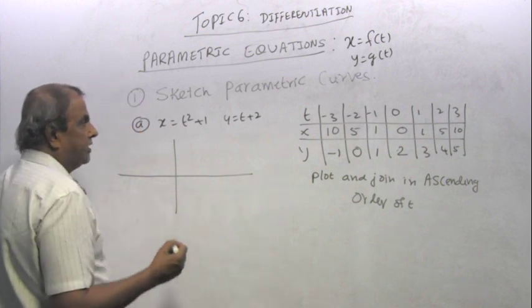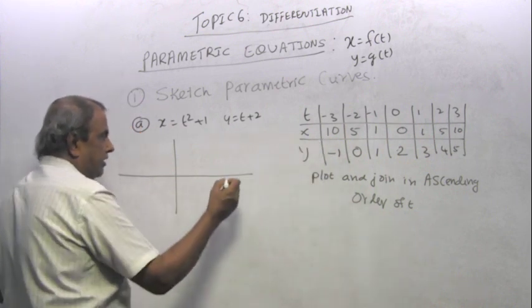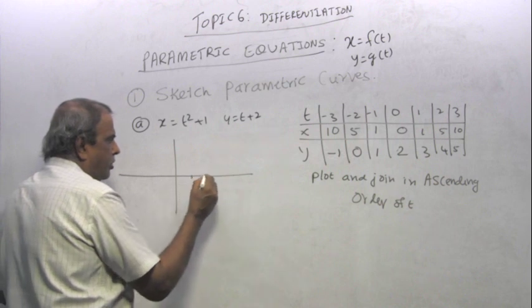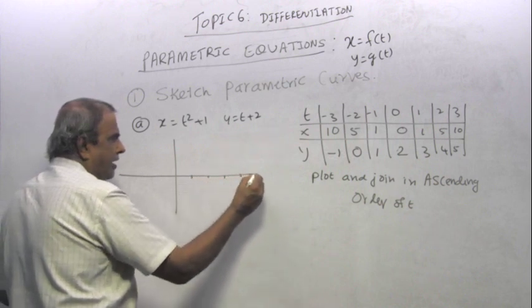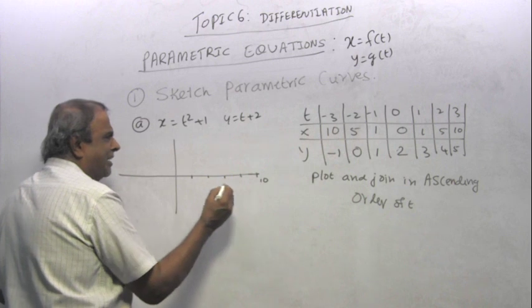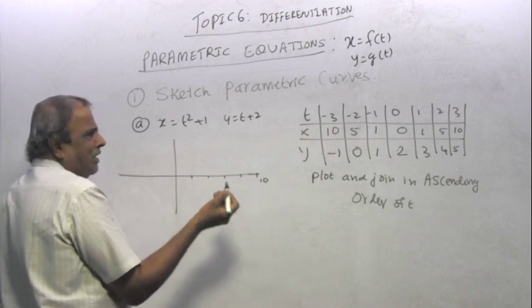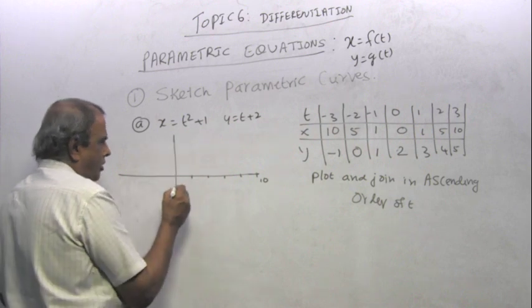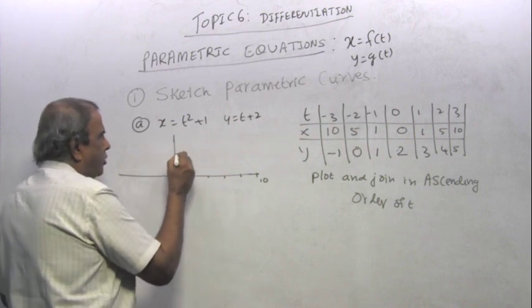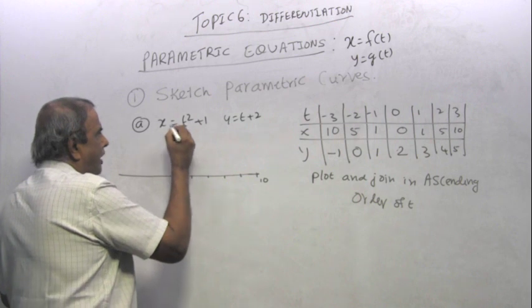So coming back to that, 10 and -1, 2, 4, 6, 8. Now it's a rough sketch, but still please show some divisions, and y values go up to 5. So -1, 1, 2, 3, 4, 5.